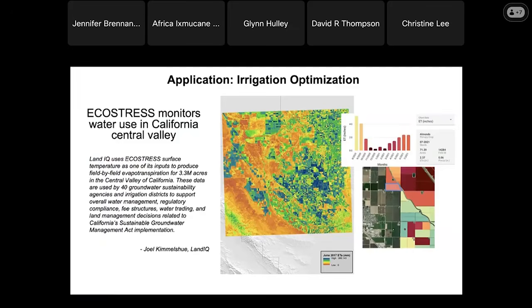We learned that a private company based in California has been using ECOSTRESS surface temperature to help produce one of their standard products, which is field-by-field evapotranspiration over 3 million acres in the Central Valley, and that their data are then utilized by a number of groundwater sustainability agencies and irrigation districts across California to support water management, regulatory compliance, and other decision support areas relevant to California's Sustainable Groundwater Management Act implementation. And so this is one example of a private company utilizing ECOSTRESS data.